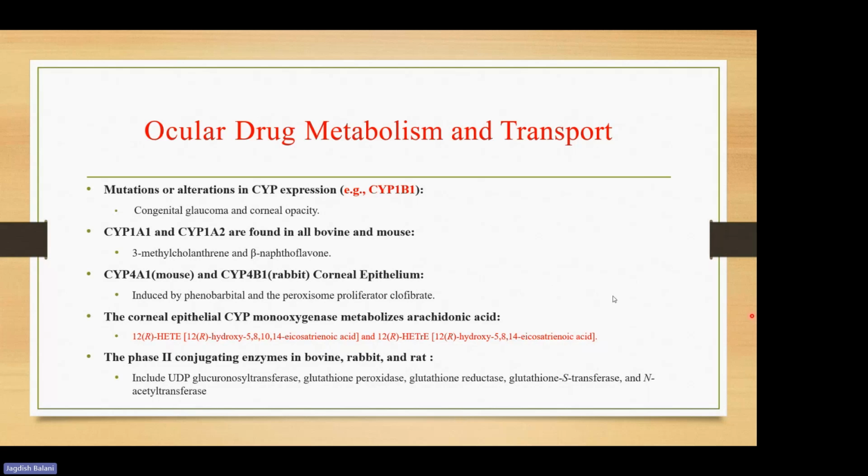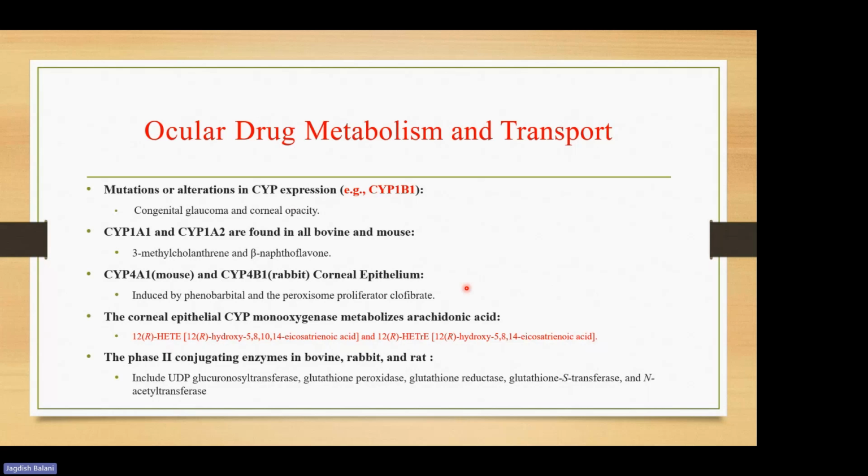These are phase 1 enzymes, and phase 2 enzymes are also available in many parts of the ocular system, and they take part in metabolism. An alteration or mutation in these CYP enzymes can create a toxic response. Here I mention some examples: mutation or alteration in the expression of CYP1B1 may create congenital glaucoma or corneal opacity.